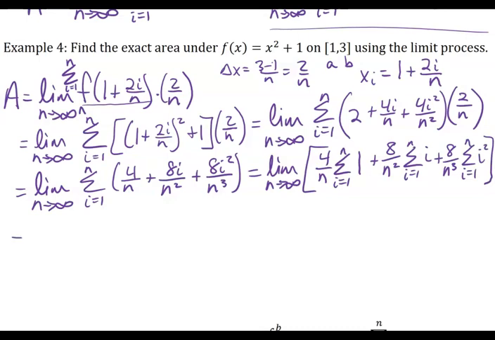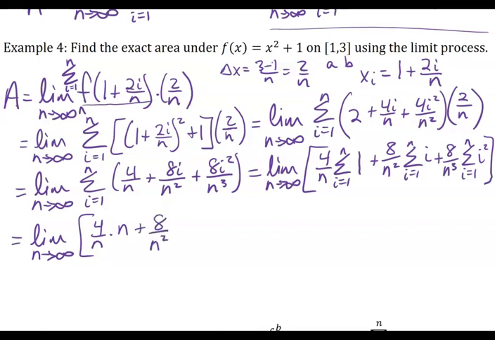Okay, continuing with the limit in front. So now I have 4 over n times the constant series. The sum from 1 to n of 1 is n. I'm sorry, 1 plus 1 plus 1, n times, which gives us n, which is nice because those are going to reduce.